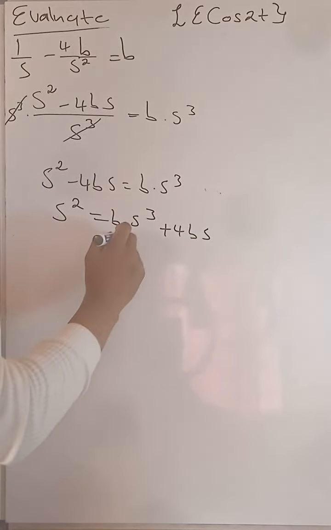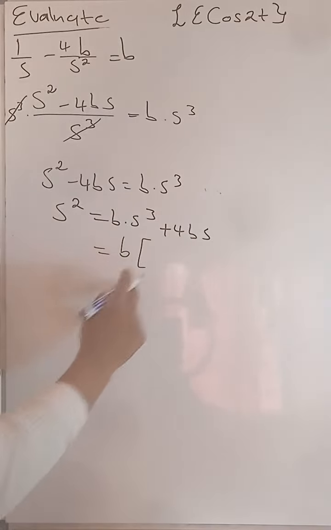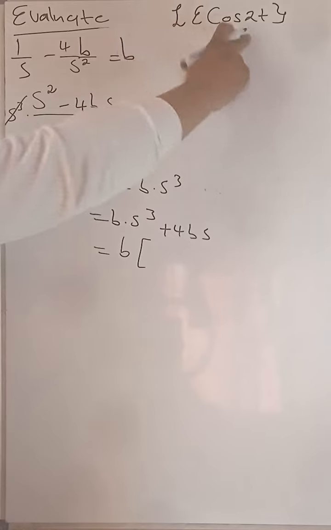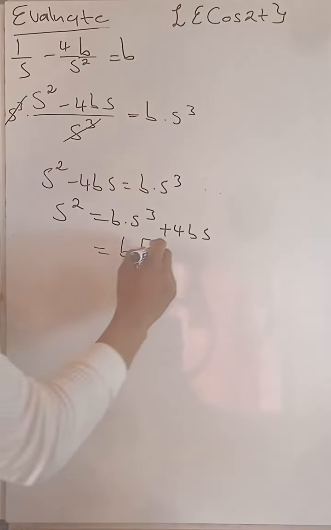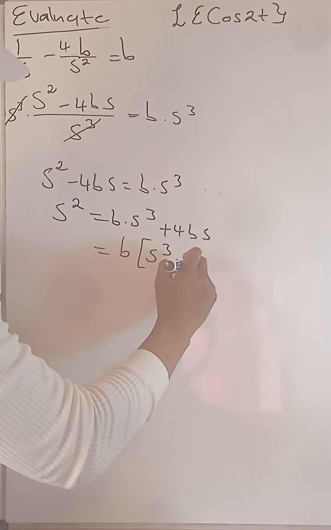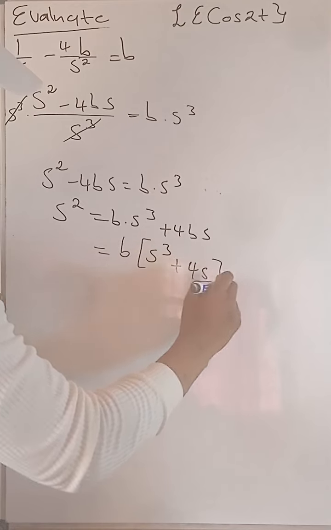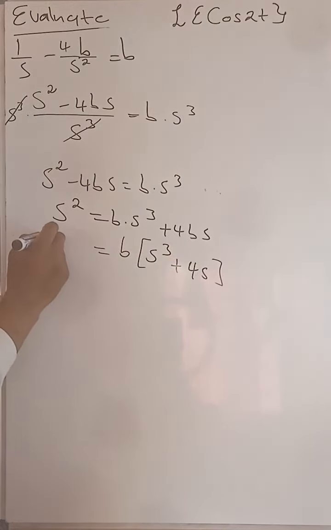But my b is the subject of the formula. My b is our common factor, sorry. So my s cubed plus 4s, that's what I'll be having in the brackets, over this part is s squared.